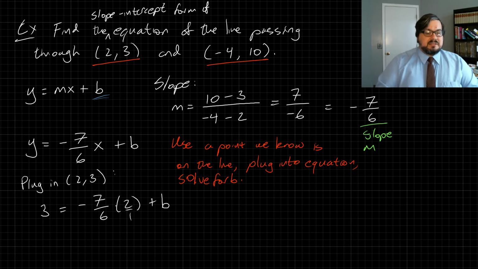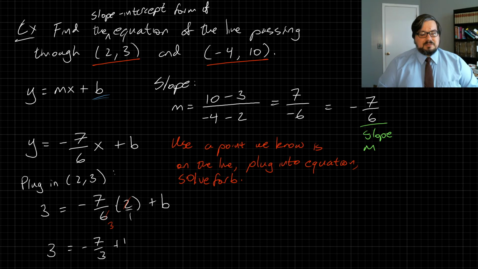Now simplifying this down a bit, the 2 and the 6 can cancel, leaving just 7/3 behind. So we get 3 equals negative 7/3 plus b. I'll add 7/3 to both sides.